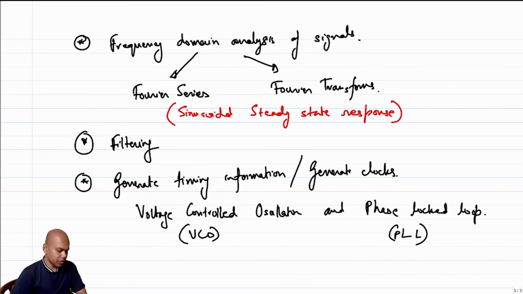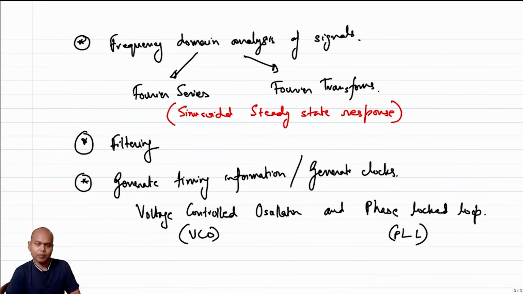So as we know, if I apply a sinusoid to a linear time invariant system, the output of that linear time invariant system will possibly have a different amplitude of the sinusoid, and it might have a different phase of the sinusoid, but it will not change the frequency of the sinusoid, right? So that is a very unique property of an LTI system.